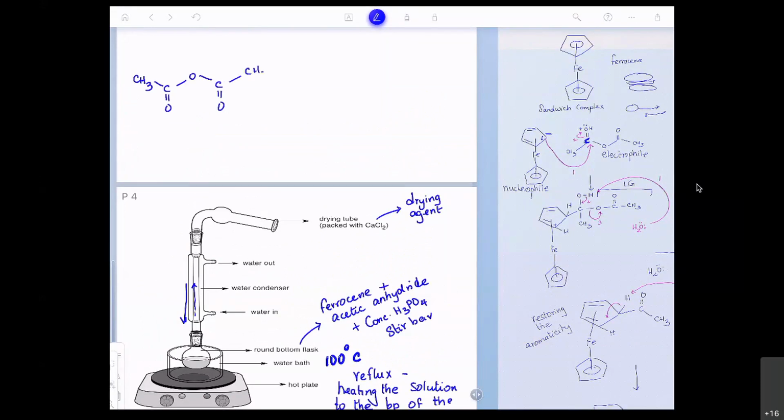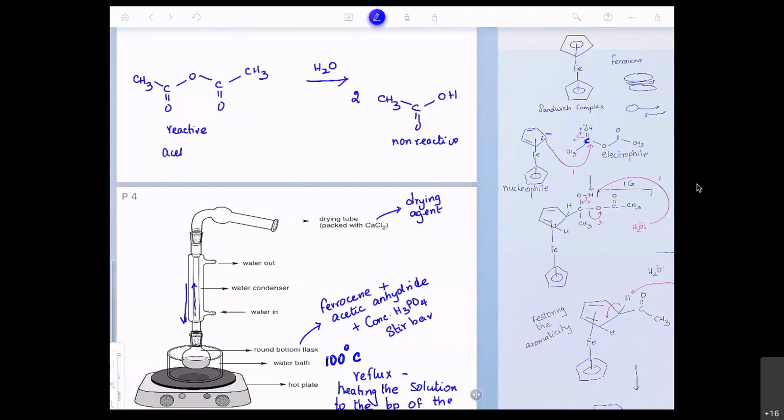So if a little bit of moisture gets in, you'll form 2 molecules of acetic acid. Acetic acid is a side product. It is not going to react with ferrocene. This is your reactive component. So you don't want your acetic anhydride to break down to acetic acid.